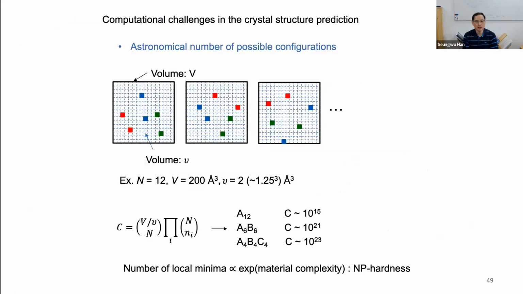The problem is that the number of configurations that you explore in the configuration space is astronomically huge. For a very typical system, the number of possible configurations is usually 10 to the 15, 21, 23. It's just a meaninglessly huge number. Therefore, you cannot try every possible configuration and compare the energy, right?